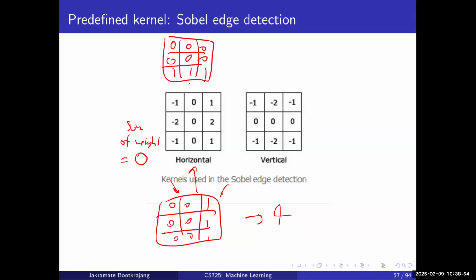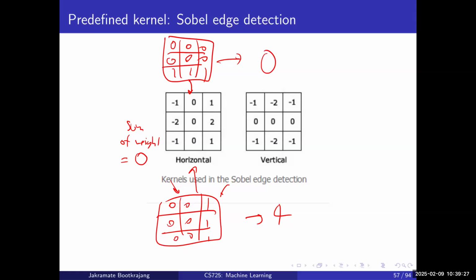If I apply the same kernel to this image, which number will I get? The top two rows, you multiply and get 0. And then the bottom row, you have 1, 1, 1, so you have 1 times minus 1, 1 times 0, 1 times 1, and then I add up, I get 0.